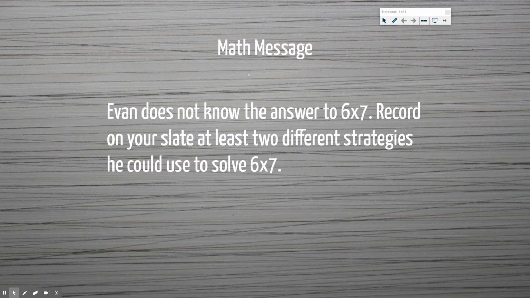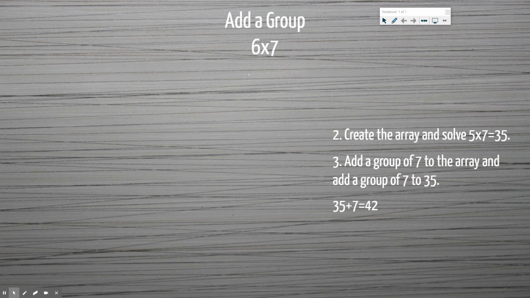What I'm looking at is how can we use some of those other strategies, like could we use add a group to solve this problem? We probably wouldn't use subtract a group. We could use doubling because 6 is an even number, or we could use the break apart strategy where we break 7 into 2 and 5 so that we can multiply those numbers.